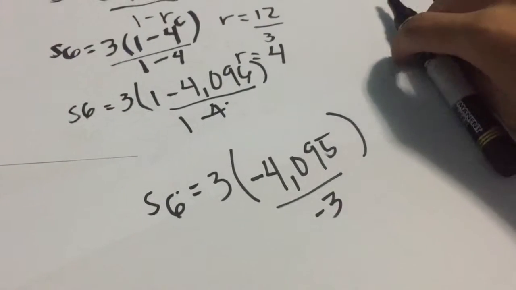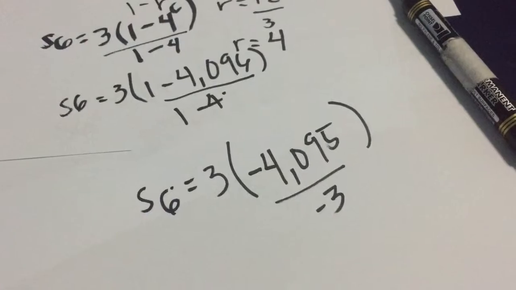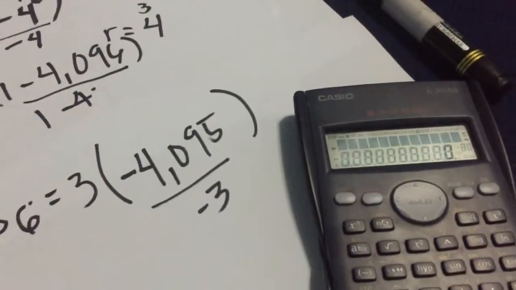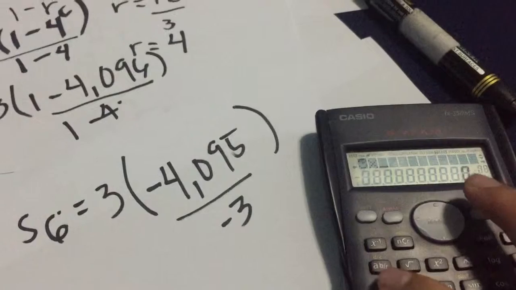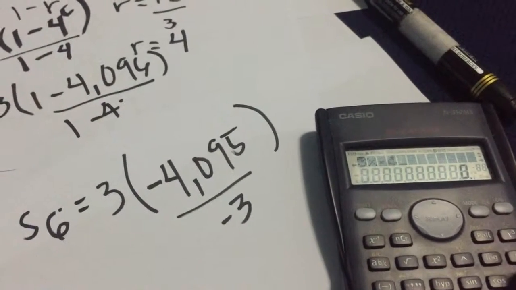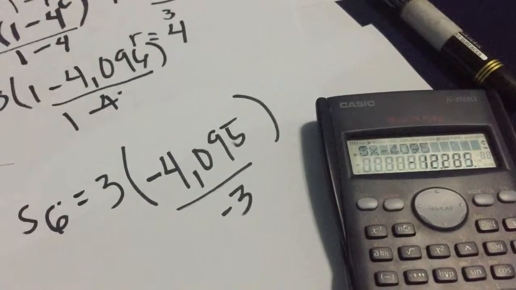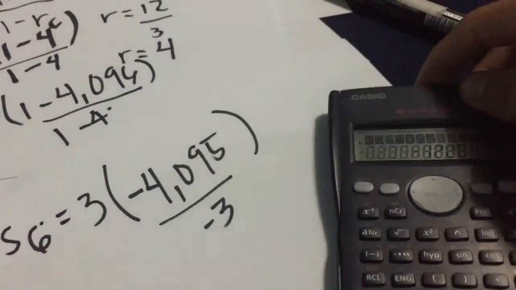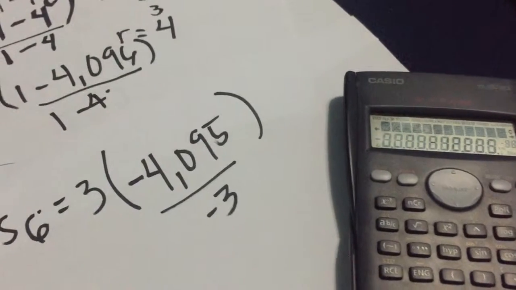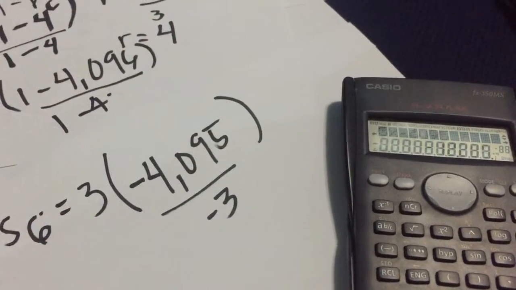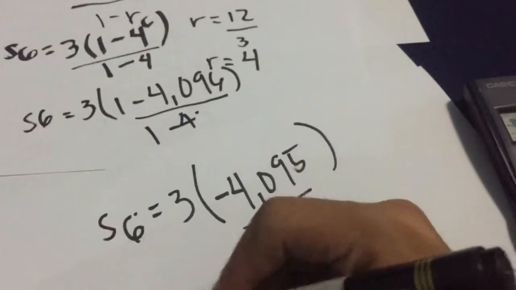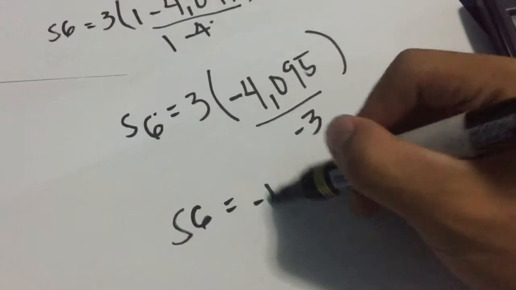So let us multiply 3 times negative 4095. The result is negative 12,285.